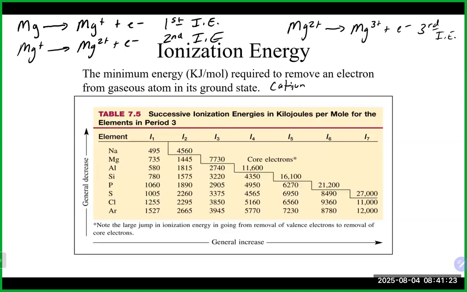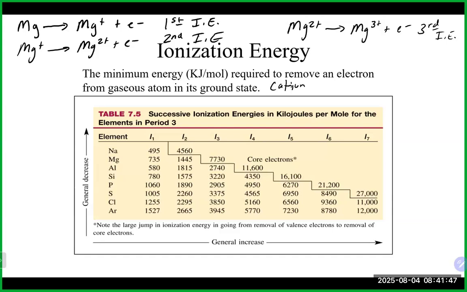In general, as you go from losing the first electron to the second, to the third, or however many you're going to lose, it gets harder and harder to remove those electrons once you've already lost an electron. Because when you make a cation and lose electrons, everything shrinks.